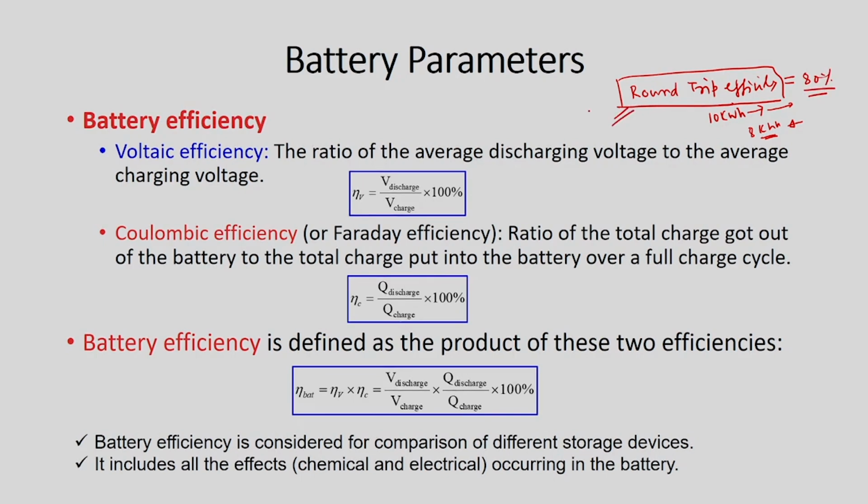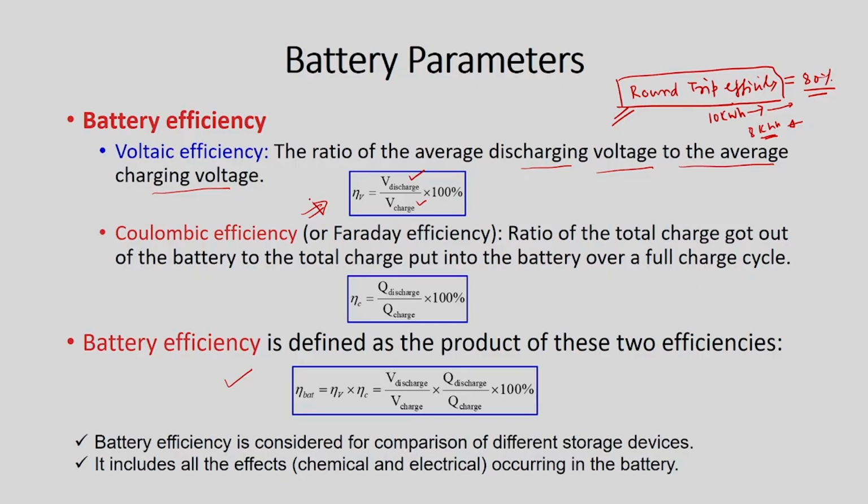In case of a battery, this round trip efficiency is connected with voltaic efficiency and Coulombic efficiency. Finally, we will have a combined efficiency, called battery efficiency, that takes care of the round trip efficiency. So, what is voltaic efficiency? The ratio of the average discharging voltage to the average charging voltage. We know the discharging voltage and charging voltage, and that ratio will give you voltaic efficiency.